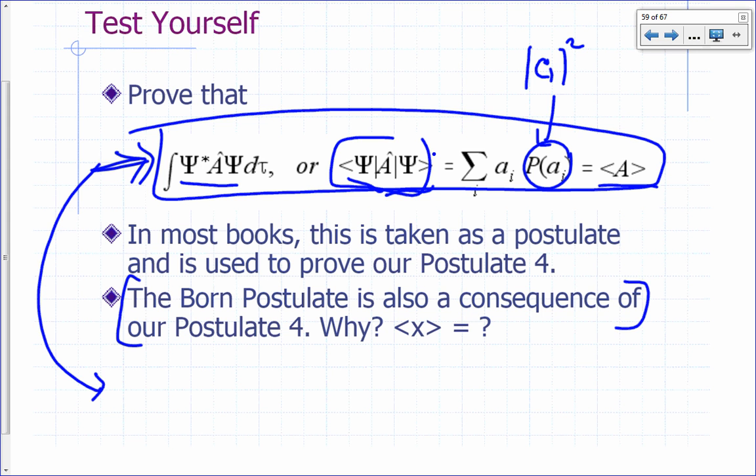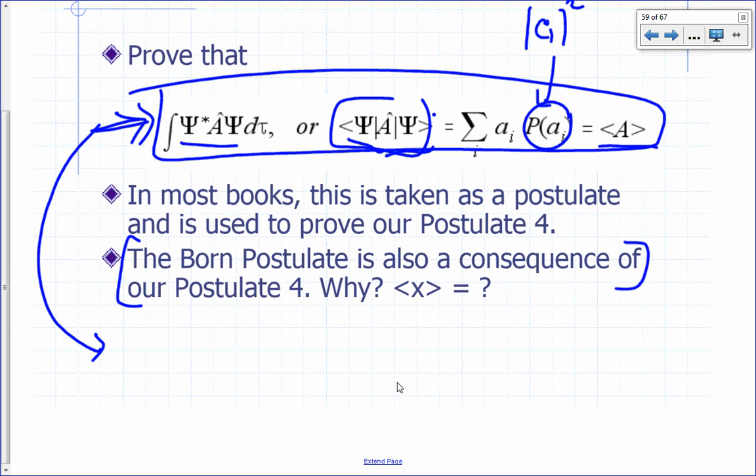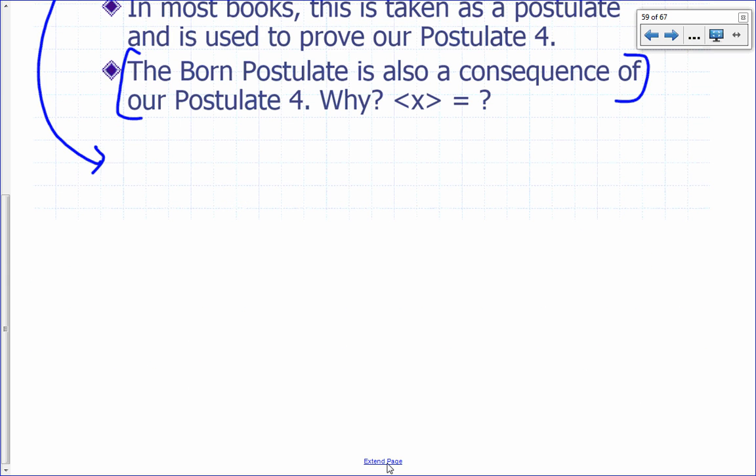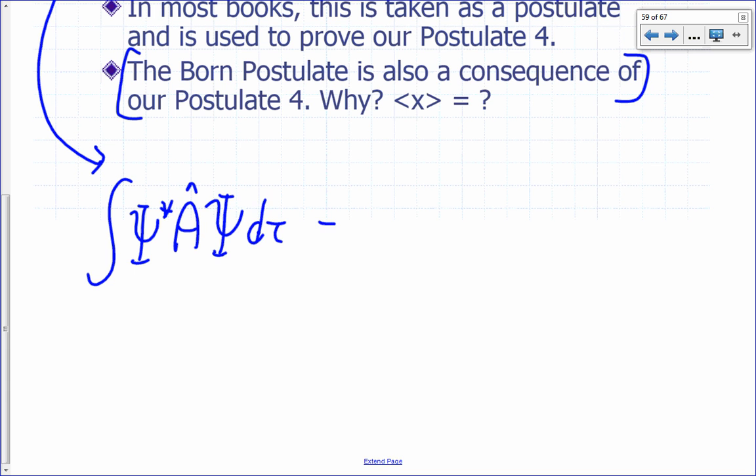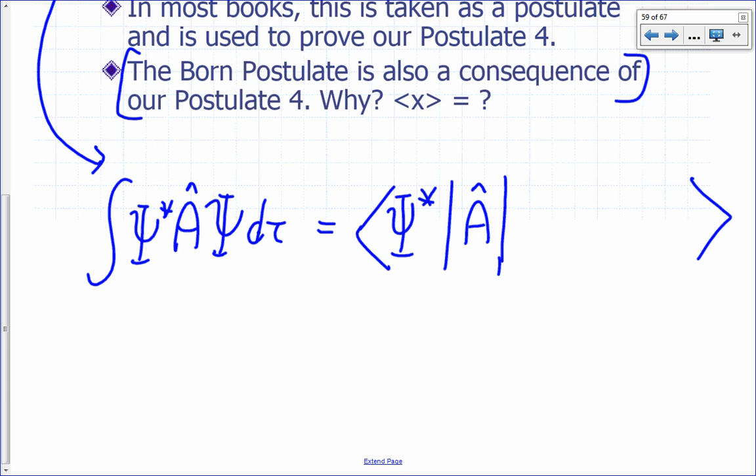Let's look at this one right here. Okay? So let's show that that is in fact the case. Integral of psi star A hat psi d tau. Okay, let's put this in bracket notation. Integral of psi star A hat, and what's my psi?